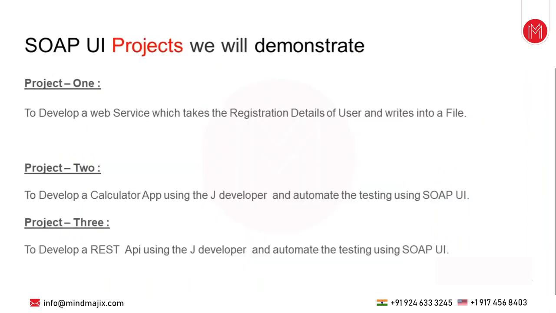Coming to a few of the projects available during our training session, we are going to develop a web service where we take a few of the registration details of the customer and place them in a file, and based upon the availability of new data in the file, we will be communicating back to the user or customer who has registered with us, and we will be taking those details to sell the product as per the business requirement of the customer.